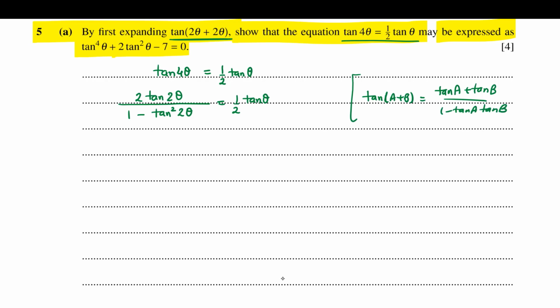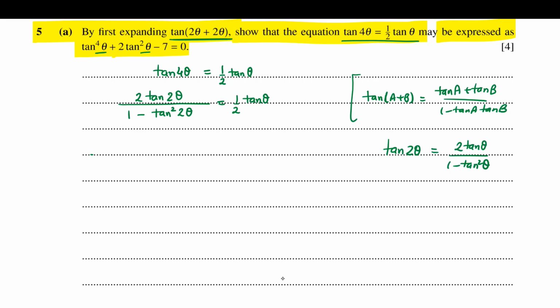So now again we have to use the expansion because it is 2 theta and we need to prove for theta. So again we have the double angle formula, tan 2 theta is 2 tan theta over 1 minus tan square theta.